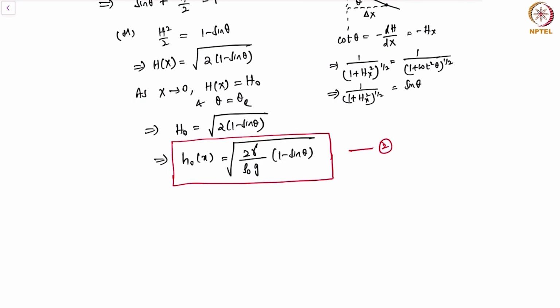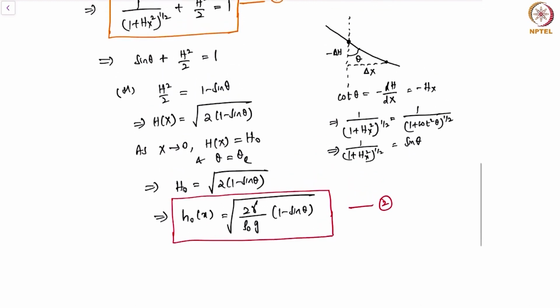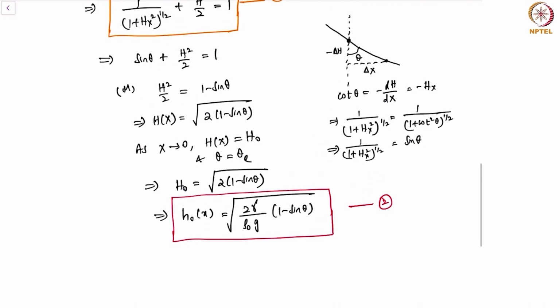But we can also do one more thing, which is to directly integrate this equation. Well, by the way, this is not h naught of x, a small correction here. This is h naught at x equal to 0. So there's also one more important thing to understand.